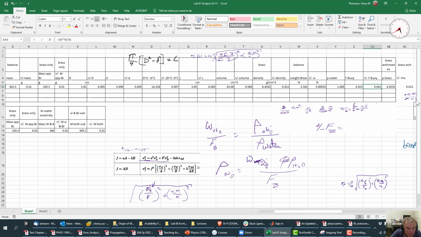And then we multiply by g, but that has no error, so we don't care. So little a and little b are both 1. So we take the sigma, the plus minus squared of one, plus the plus minus squared of the other one, and then we have to square root it, of course, but there's no scaling by F_B. Interesting.